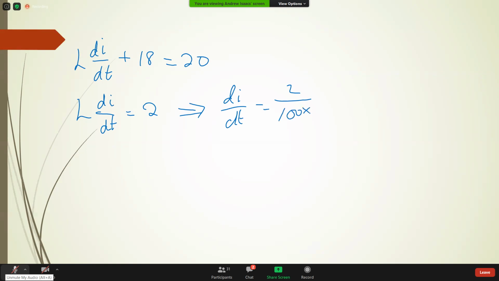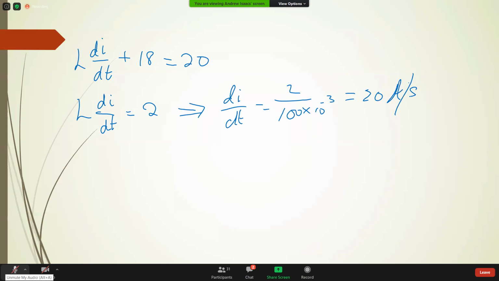That's 100 times 10 to the minus 3. Yes, that's 2,000 over 100. So that gives me 20, and of course, it's amperes per second. So di/dt is equal to 20 amperes per second.